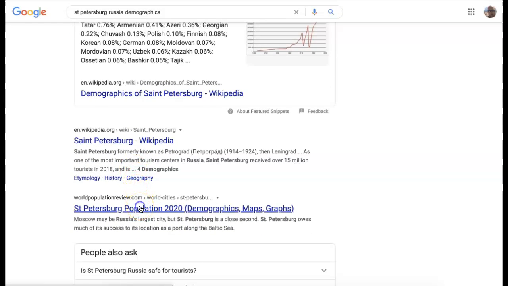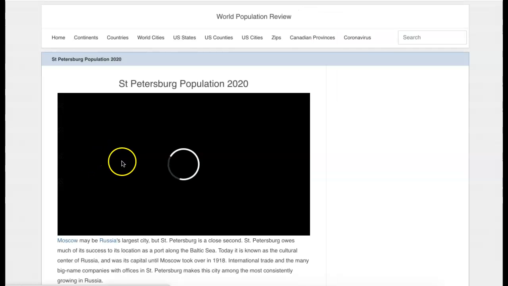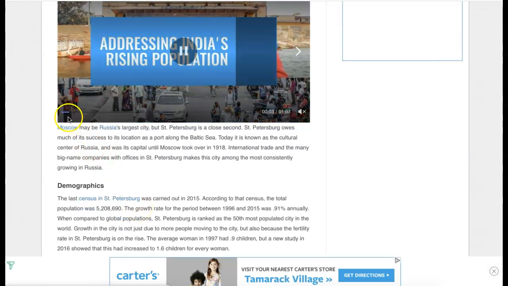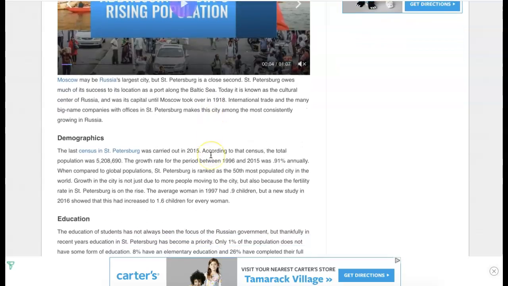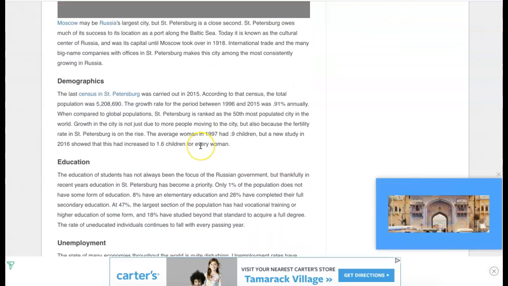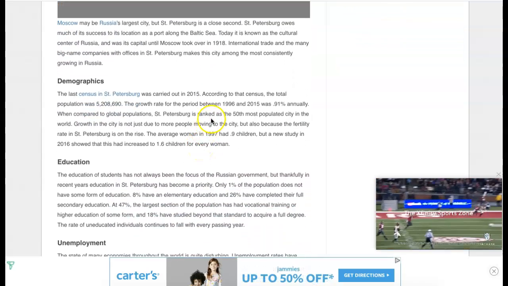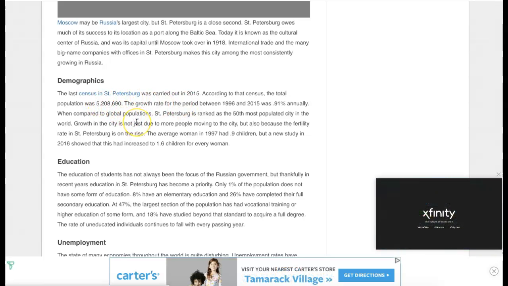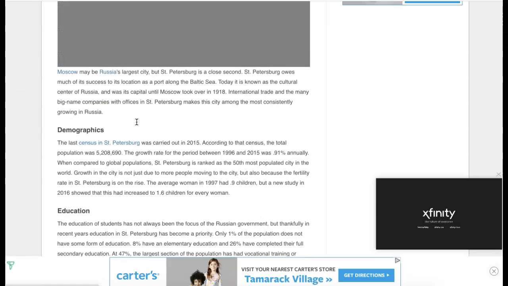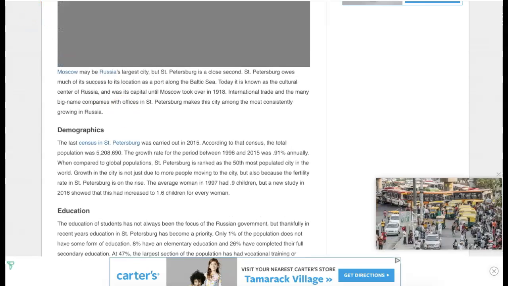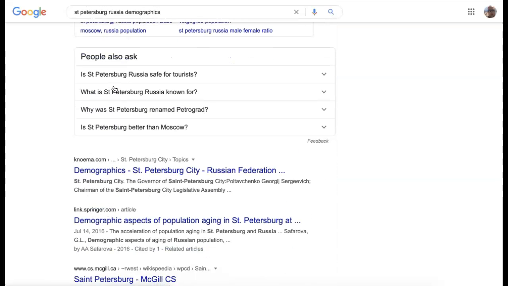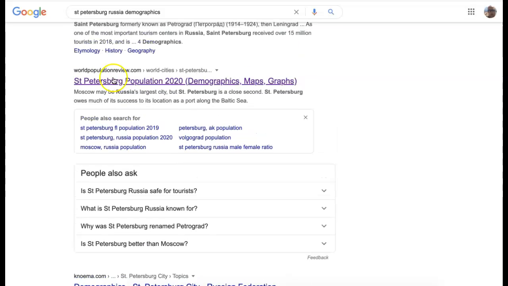So I'll use Wikipedia as a backup plan. It might work, but sometimes there's too much information in Wikipedia. So what I can see is the population, but I don't see much about actual demographics that I'm interested in on this site, and for now I'll just settle on Wikipedia, and that's fine.